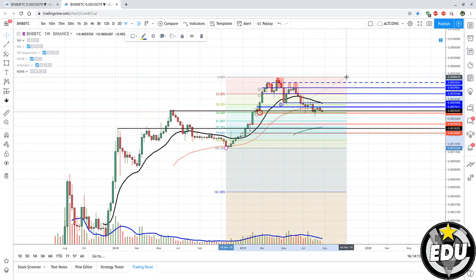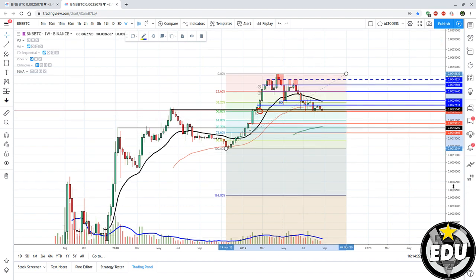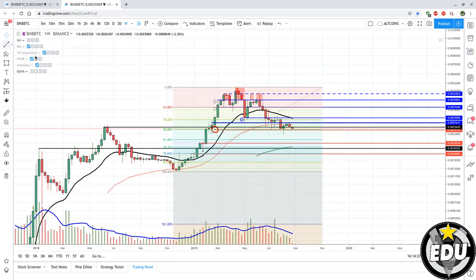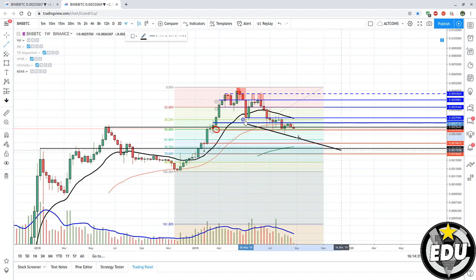I mean, again, it's on a perfect level, like Ethereum, like LTC, everything reached a solid level. And it's also shaping some kind of, I would say legit, falling wedge also, getting very, very tight here.